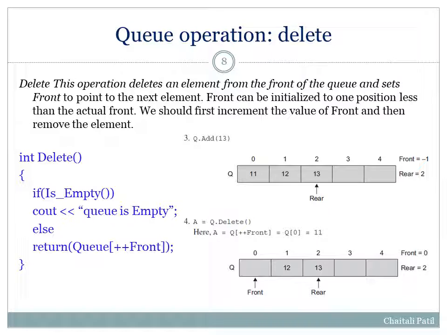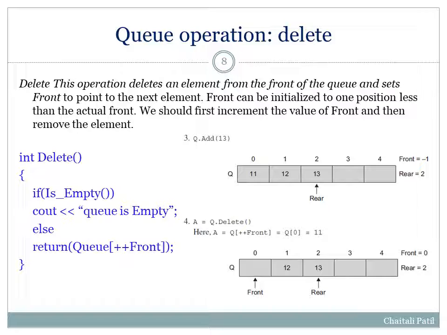Now next, delete operation. Before the delete operation, here we are considering that one more element, 13, is added in the queue, so rear is pointing to location 2 and front is pointing to location -1 as it is.